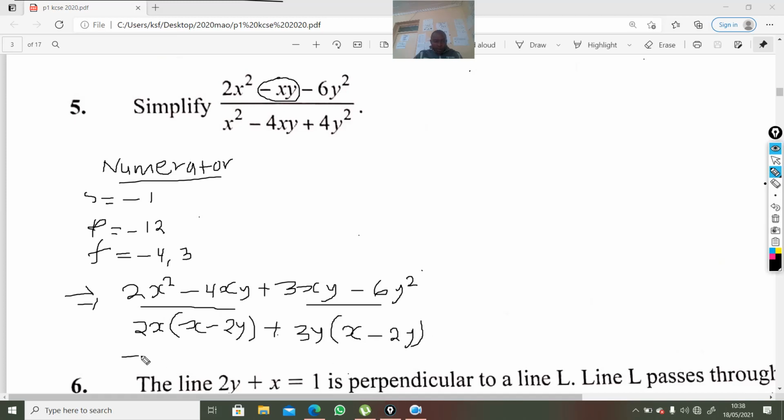So that means we shall have the numerator to be 2x plus 3y and you pick x minus 2y. That is the numerator. I'll deal with the denominator.